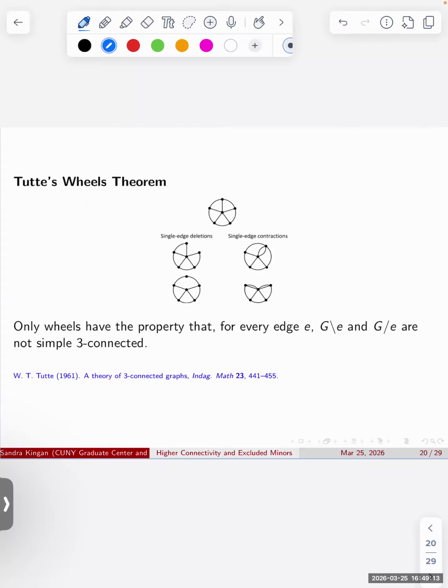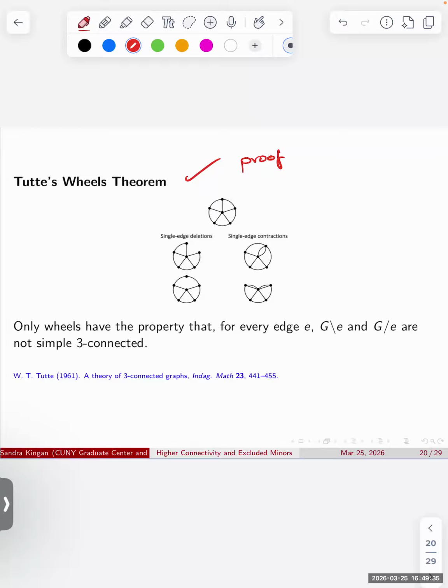The main thing about Tutte's theorem, and this is a big theorem, and the proof is really something that we should go through in detail. So that would be practically a whole talk, maybe 2 talks to get through the proof of Tutte's theorem. But the basic idea here is that wheels are special.